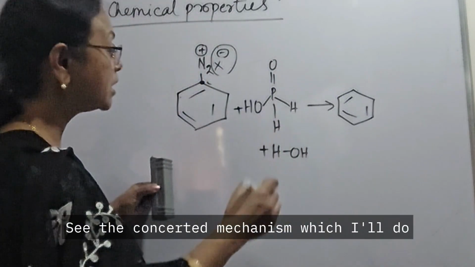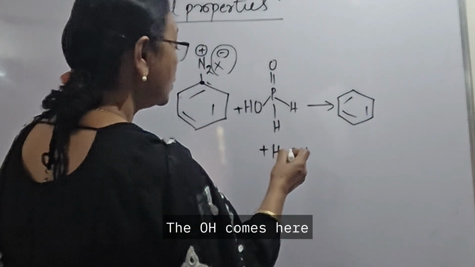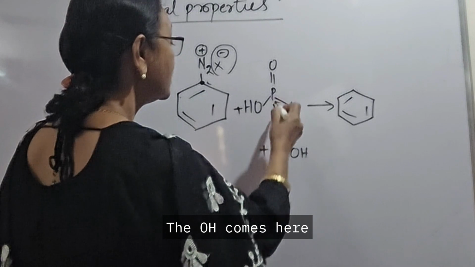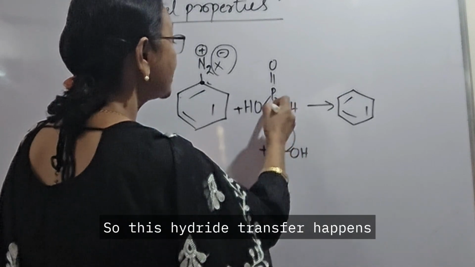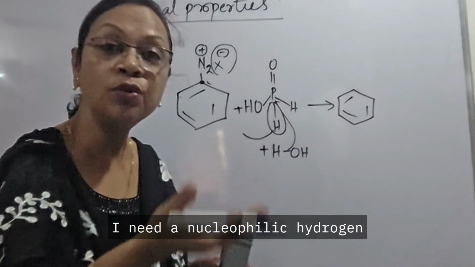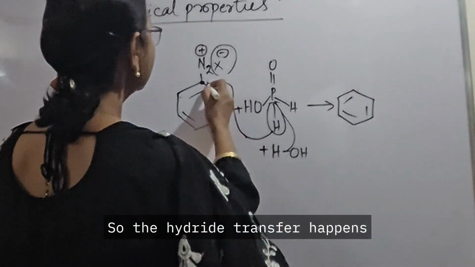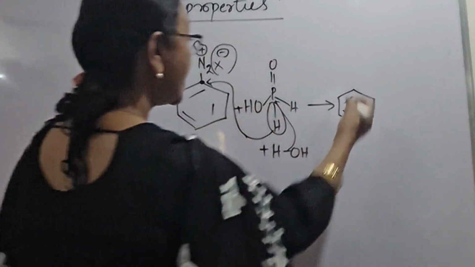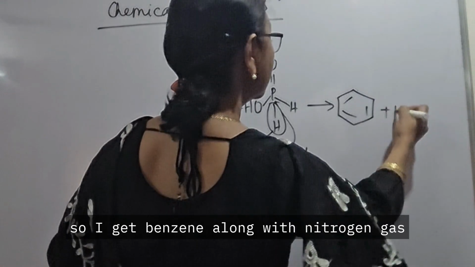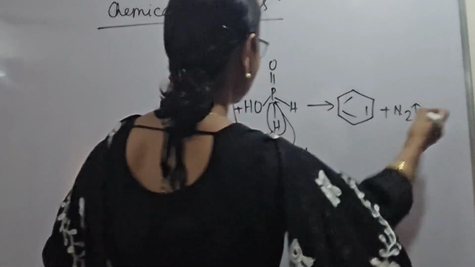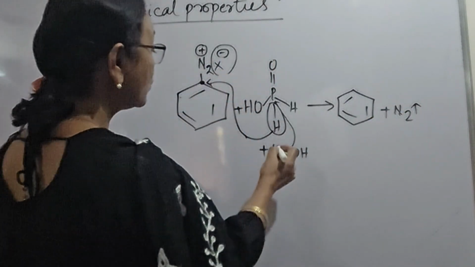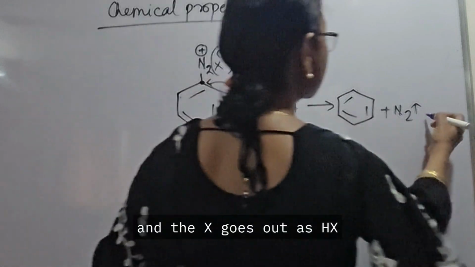See the concerted mechanism which I'll do. The OH comes here. So the hydride transfer happens, I need a nucleophilic hydrogen, which is a hydride. So I get benzene along with nitrogen gas. Yes, the hydrogen and the X go out as HX.